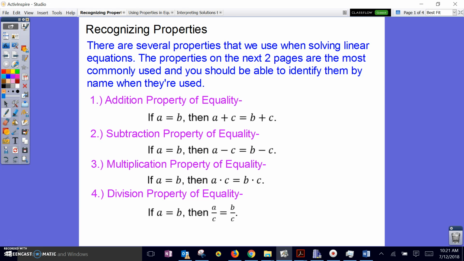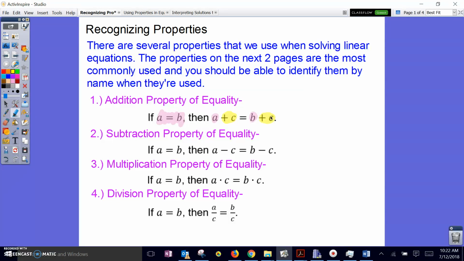And what every single one of these properties says is if we have two things that are equal, here A equals B, then we can take those two things and add the same thing to both of them, and that thing remains equal. So what that means is when we have an equation, as long as we add the same thing to both sides, we've maintained an equality relationship.